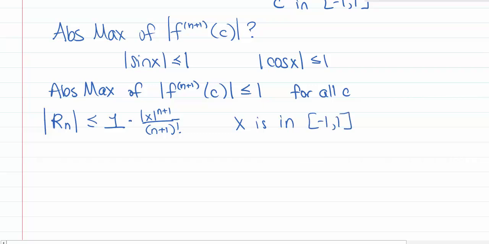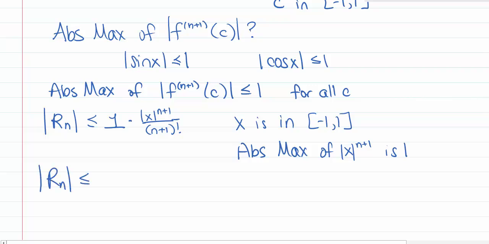So the maximum value of x to the n plus 1 is also 1. So we can replace that. So we get the absolute value of r sub n is always less than or equal to 1 times 1 over n plus 1 factorial for x in the interval from negative 1 to 1.